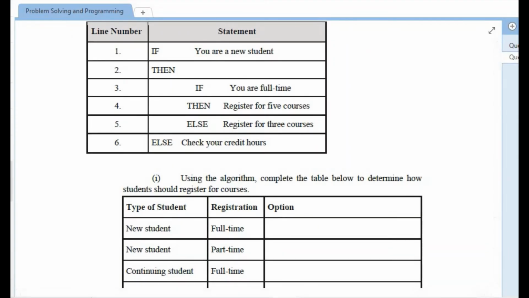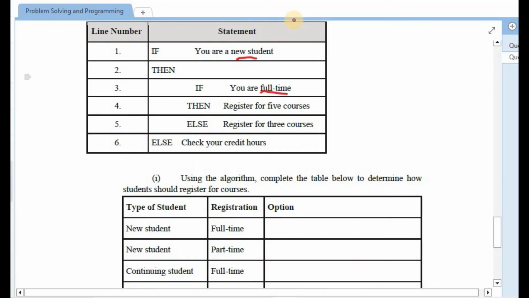All right, so let's get into our question and answer. First, the information says that using the algorithm, which is this one above, we have to complete this table here to determine how students should register for courses. All right, so the option for the new student who is full-time, let's go back. So a new student who is full-time would register for 5 courses.